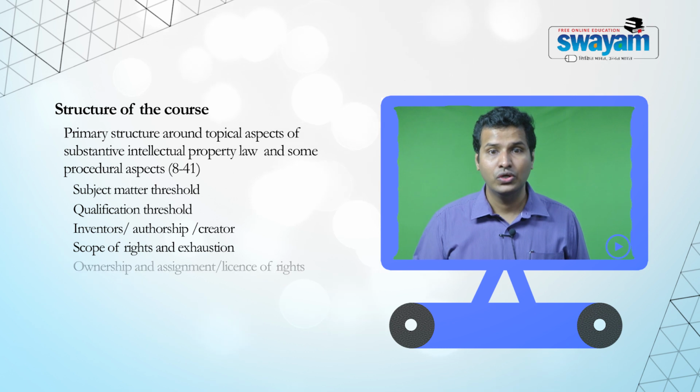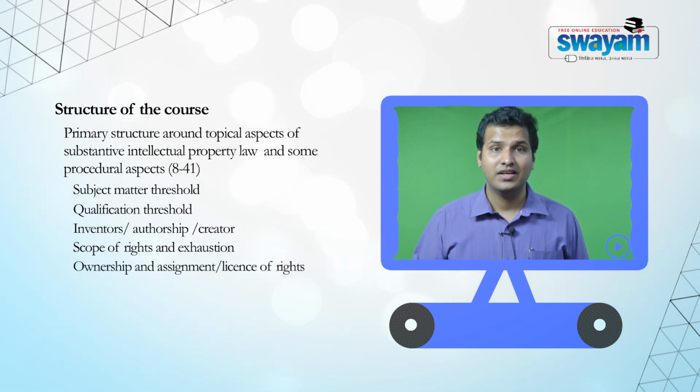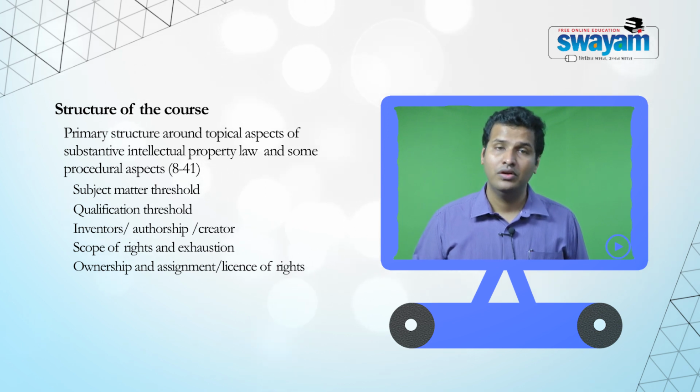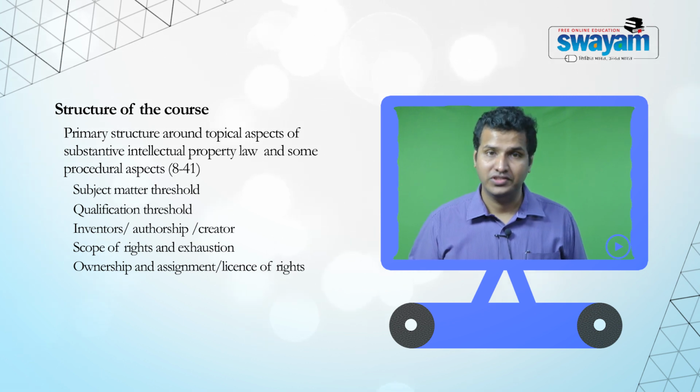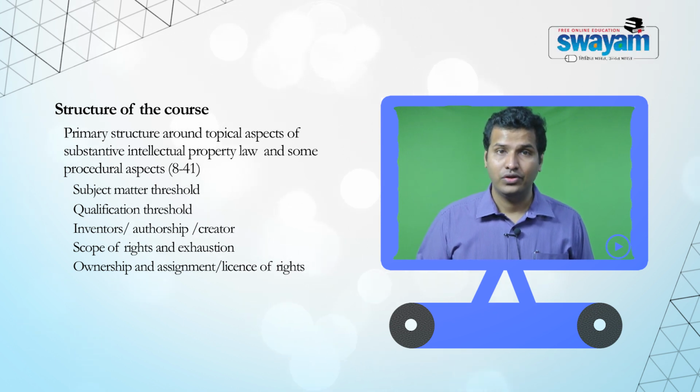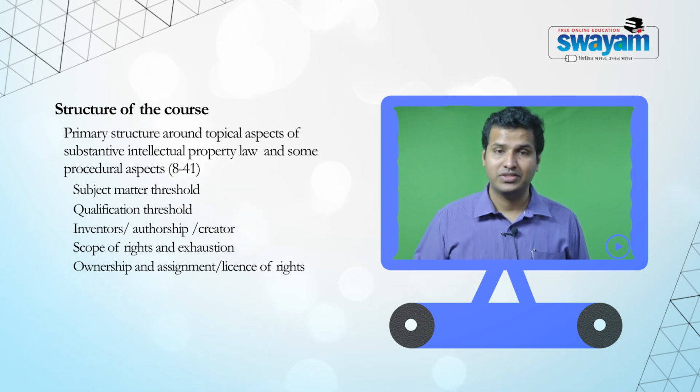We will also discuss ownership aspects and assignments aspects or licensing aspects of intellectual property rights, because as I mentioned, one of the core rights that are granted to intellectual property owners or property owners generally is a right to alienate your property. So, how ownership is then used in terms of assignment and licensing must be studied under this module.